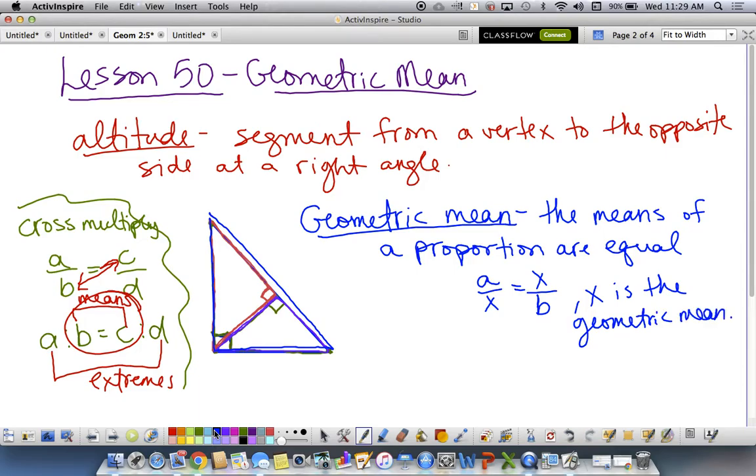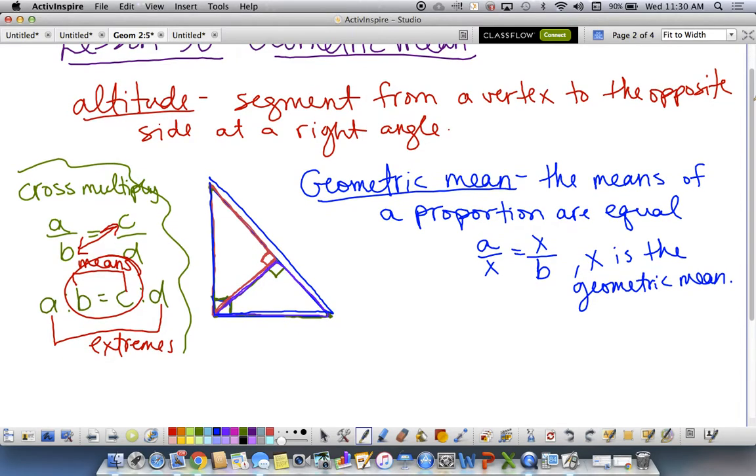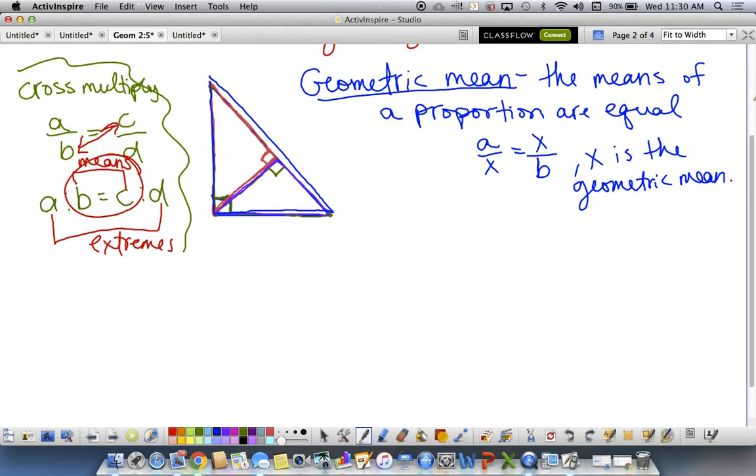So if you were to see a problem that said, what is the geometric mean between, and then they give you two numbers. Let me give you an example.